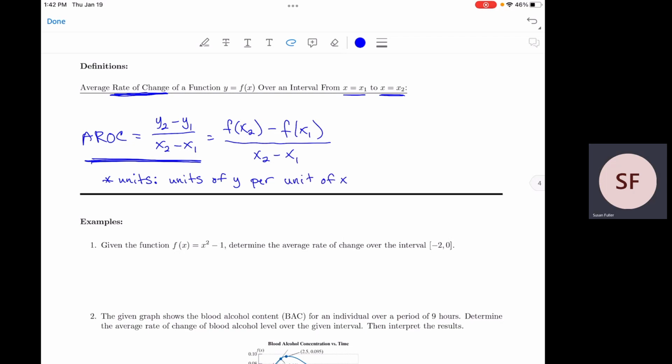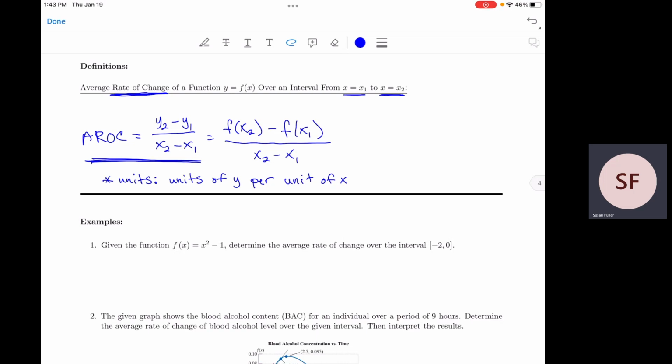So it'll be the single unit that x is in. So let's say y represents a distance in miles and x represents time in hours. Then the units would be units of y, which is miles, per unit of x, which is hour. So your units would be miles per hour.